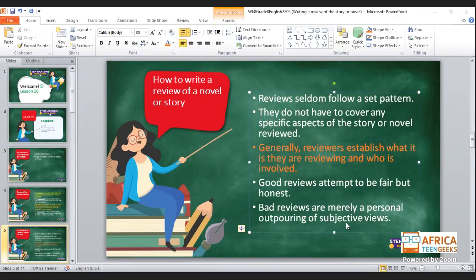As a matter of fact, you hate romantic novels, and for that reason, you may write a bad review because of your views. So to avoid that, you just need to forget about your subjective views about how much you hate romantic novels, and do the task at hand.